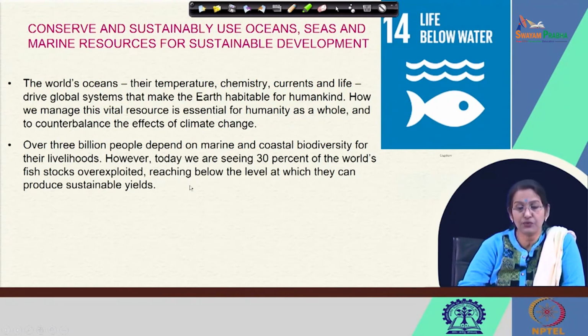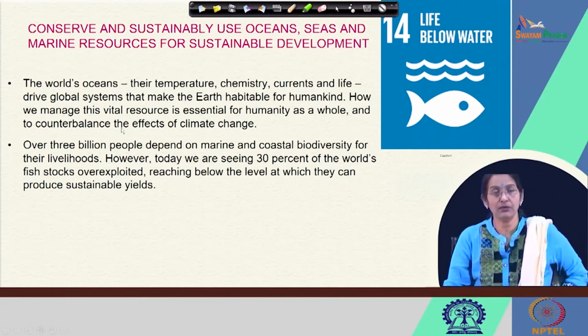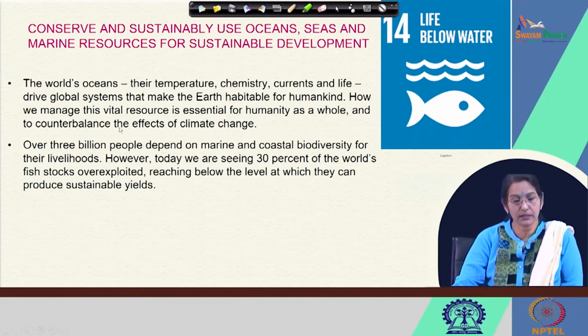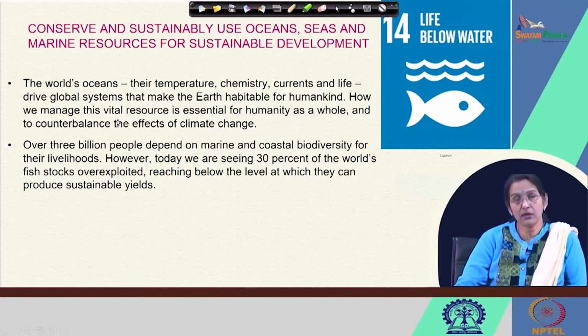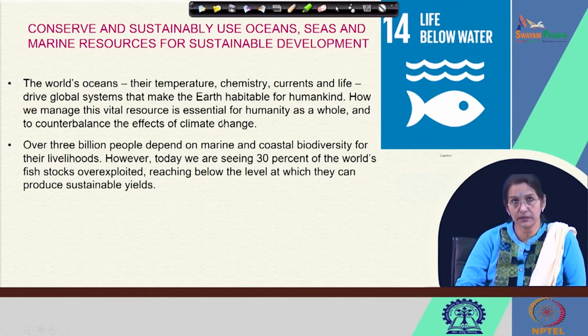Then SDG 14, that is life below water, that is how to sustainably conserve our water, because almost 70% of our water is confined to the seas, that is salted water, and only a little percentage is pure drinking water. How to sustainably use it and distribute it among our stakeholders, among our citizens, is the biggest challenge.